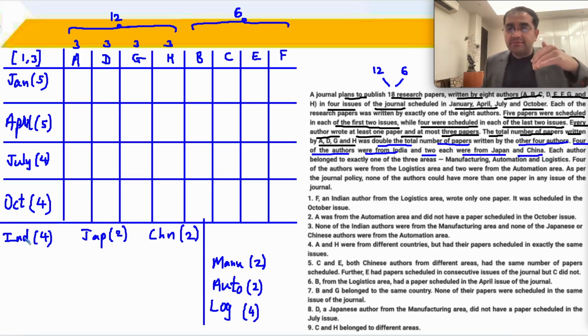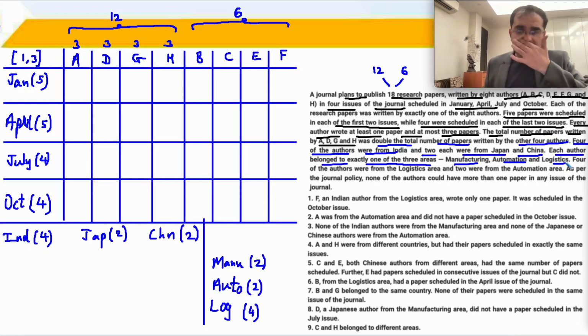So now I'm making a separate table where I have India, Japan and China. 4 authors are from India, 2 are from Japan, 2 are from China. Each author belonged to exactly one of the 3 areas: manufacturing, automation, logistics.